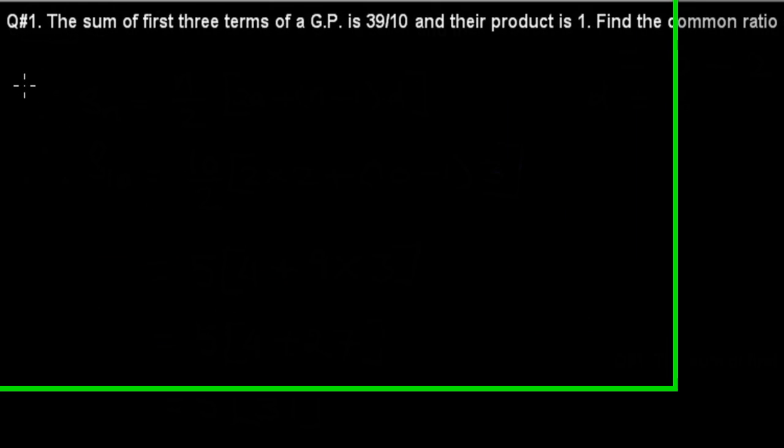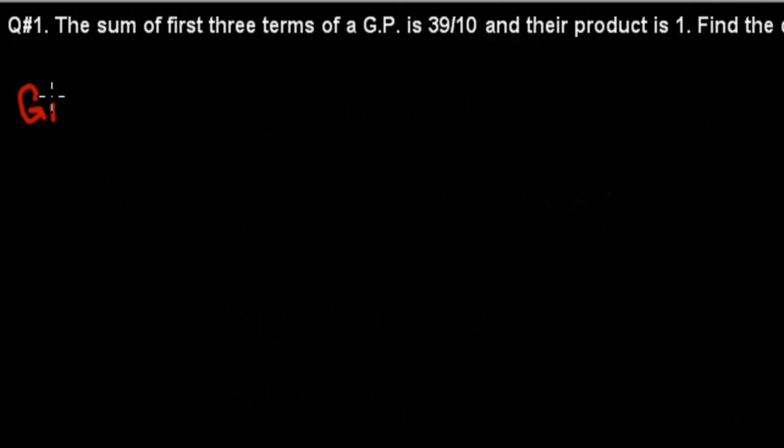So first of all in the solution, given that n is odd, the total number of terms is the first three, so n is odd. Then what we have to assume?